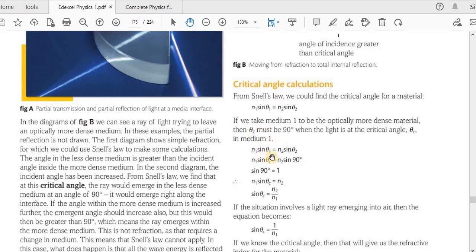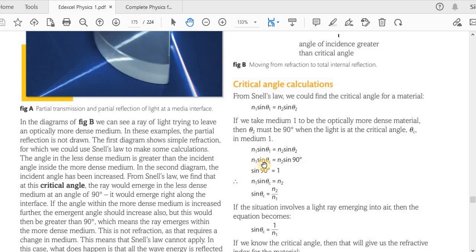So we have n1 sin theta 1 equals n2 sin theta 2, n1 sin theta c for the first angle. Now the angle of incidence is the critical angle. When the angle of incidence is the critical angle, theta 2, which is the angle of refraction, will be 90 degrees.